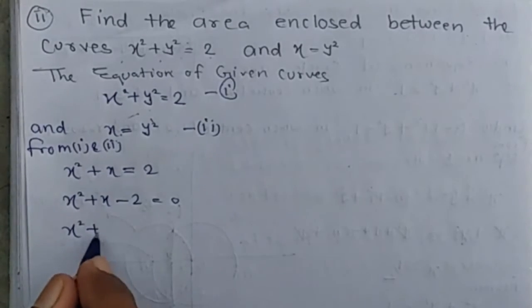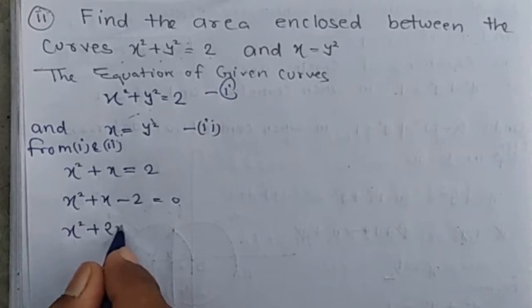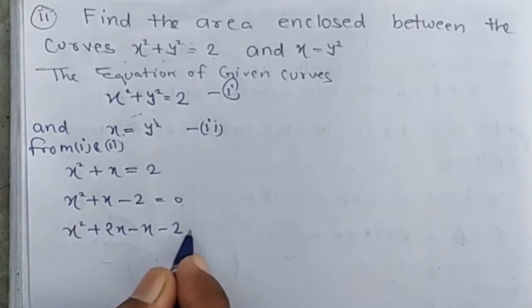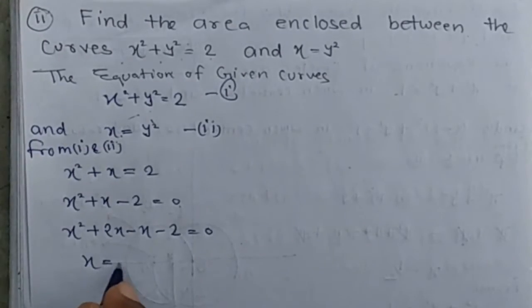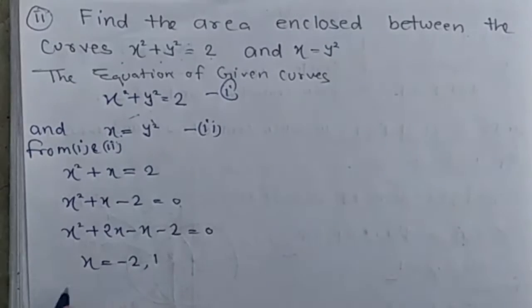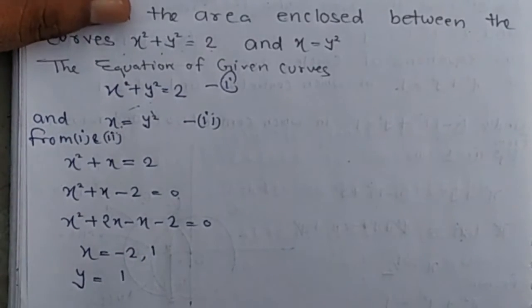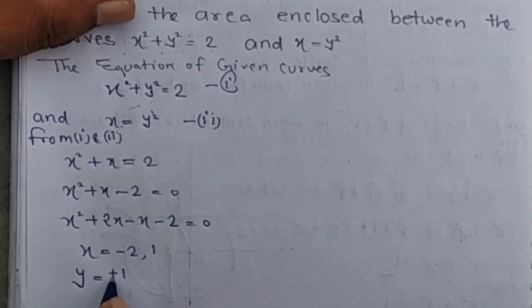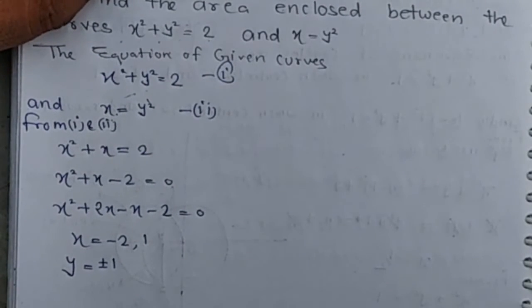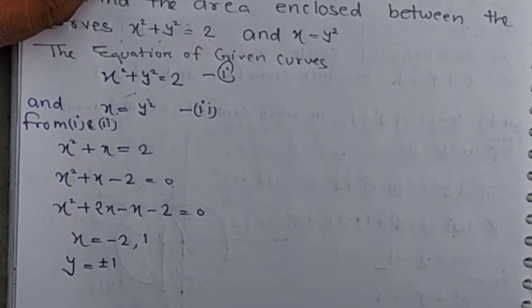Then it is x square plus 2x minus 2 equal 0. Then the value of x is minus 2, 1 and the value of y is plus minus 1. This means both these curves intersect each other at 1 comma 1 and 1 comma minus 1.